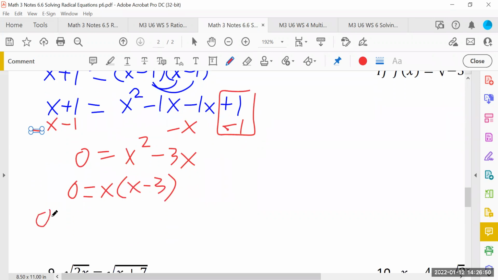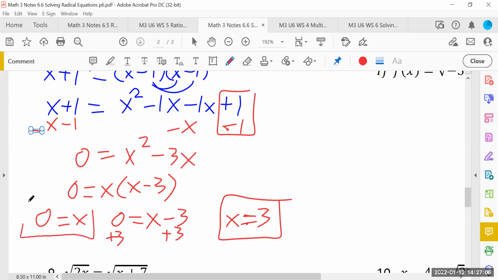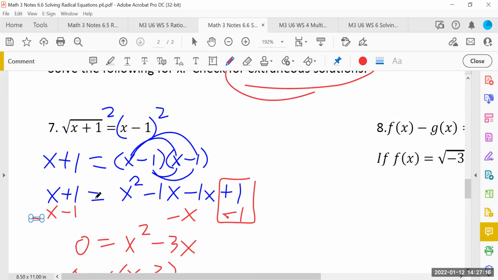So either 0 equals x or 0 equals x minus 3. If I add 3 to both sides, I get x is equal to +3. So look at that, I got two answers. But on this side, the instructions say to check for extraneous solutions. So let's do that. Let's plug them in, back at the very beginning.